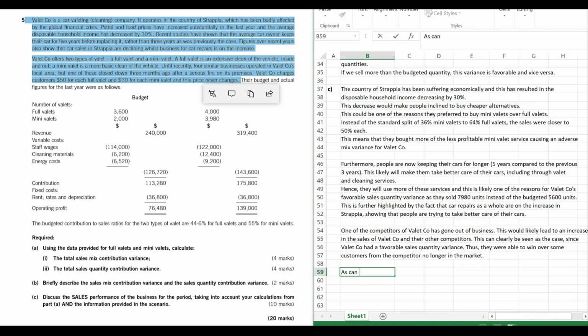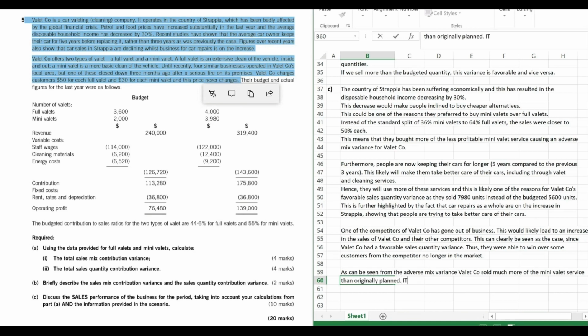As can be seen from the adverse mix variance, Valet Co sold much more of the mini valet service than originally planned.